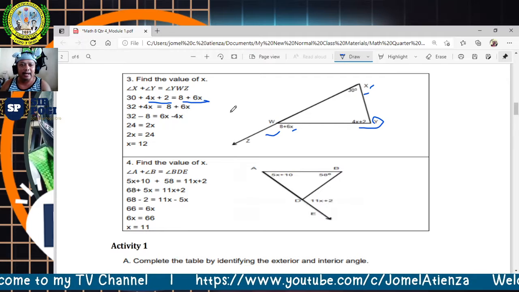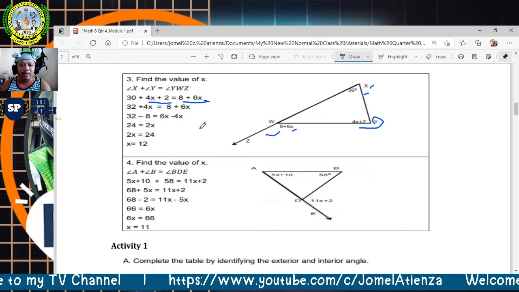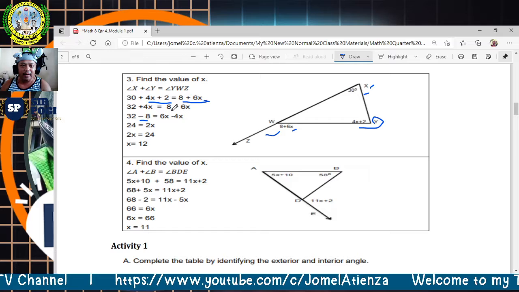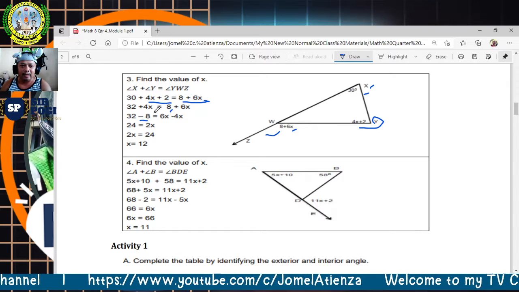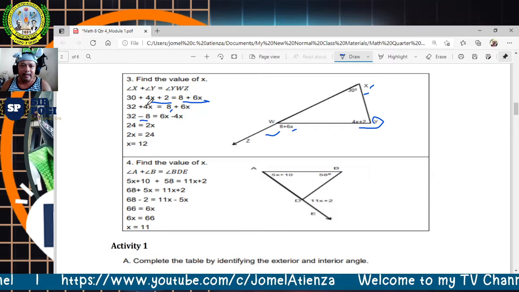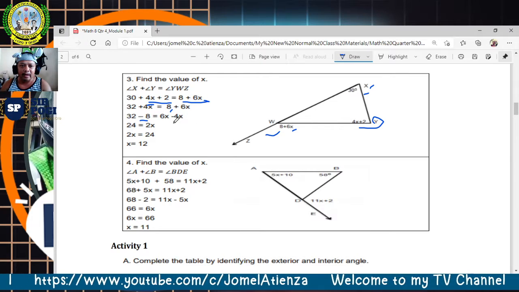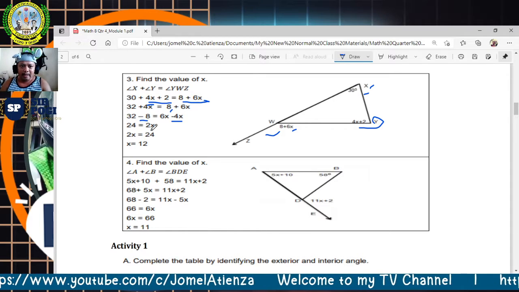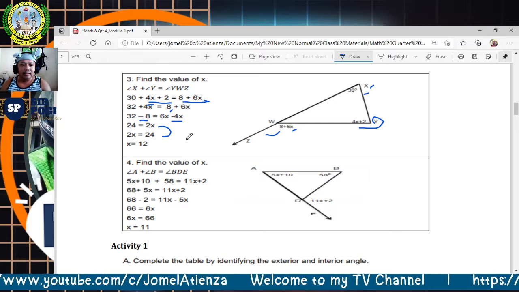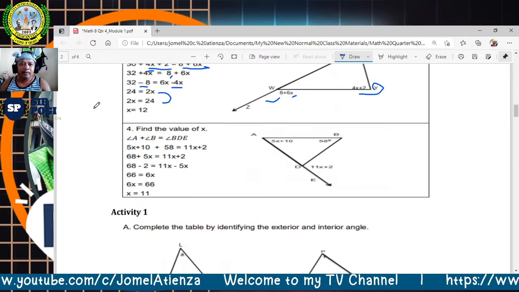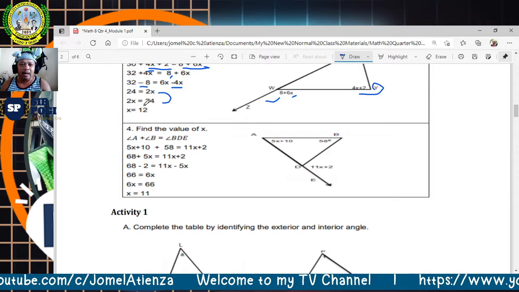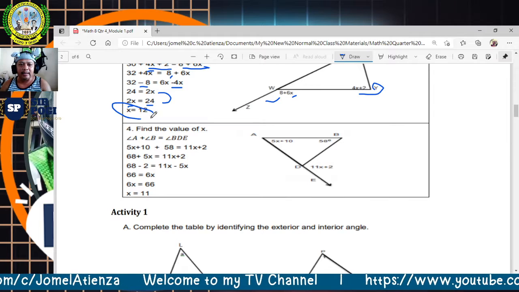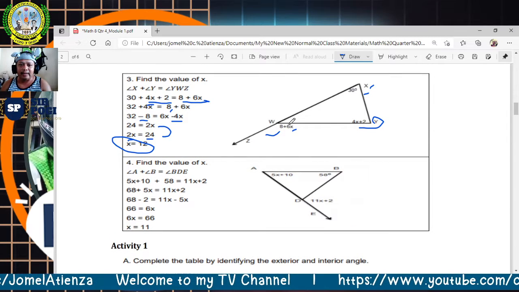Combining similar terms, we now have 32 minus 8. The negative 8 came from the positive 8, which we moved to the other side. And then 6x, then the positive 4x we moved to the other side, so it becomes negative 4x. So, we have 24 minus 2x, and then interchange both sides. So, we now have 2x equals 24. Then, divide both sides by 2, so x is equal to 12. Therefore, the value of x is 12.